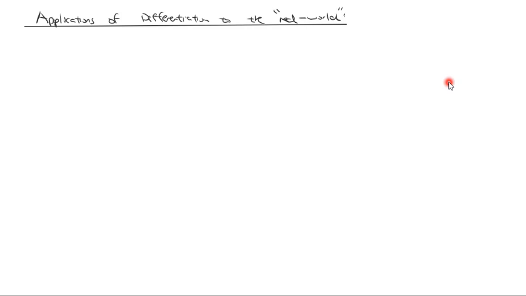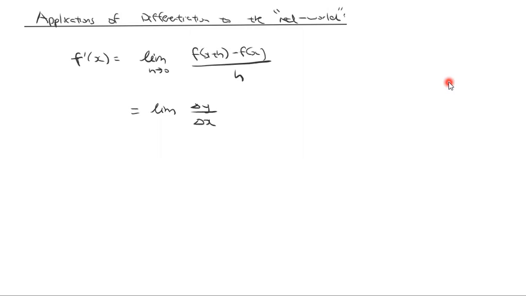Now, the thing is, you need to remember that the derivative f dash x was defined to be the limit as h approaches 0 of f of x plus h minus f of x over h, which means it's equivalently the limit of delta y over delta x as delta x approaches 0, which is, of course, how we come up with our notation dy dx.